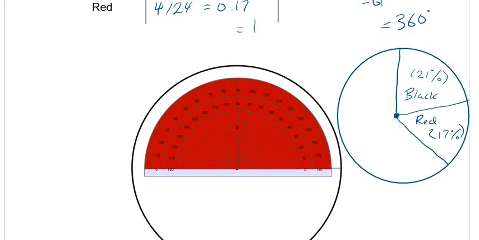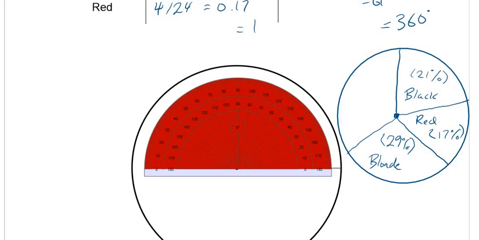Then we have the blonde category. And we said blonde was going to measure 104 degrees, which is going to be right around here. Hopefully you're good with using a protractor. If you're not, then come and check in with me, and we'll arrange a video chat time to hopefully get it all sorted out. And lastly, we have brown.